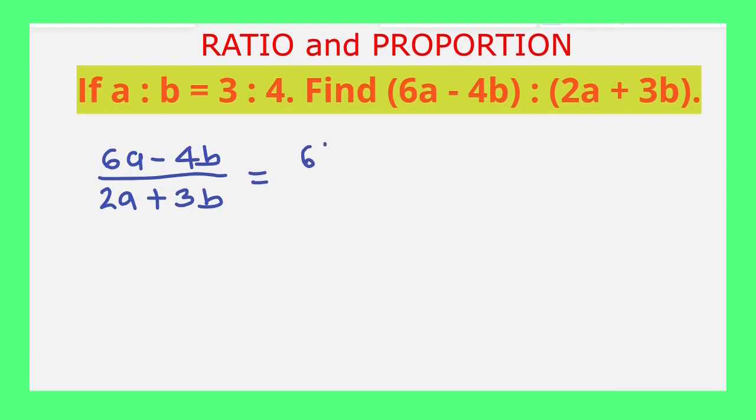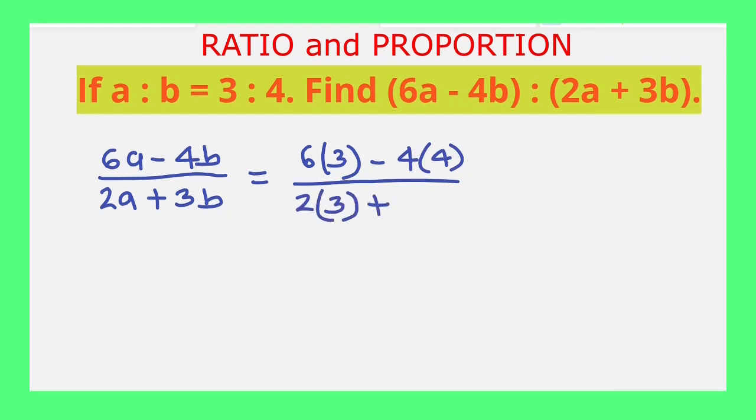So 6 multiplied by A is 3, minus 4 into B is 4, upon 2A. So 2 into value of A, which is 3, plus 3 into value of B, which is 4. So this is equal to 3 times 6 is 18 minus 4 times 4 is 16 upon 2 times 3 is 6 plus 3 times 4 is 12.